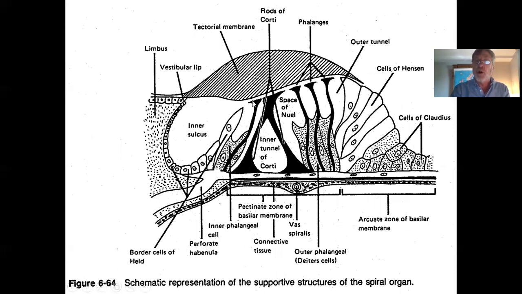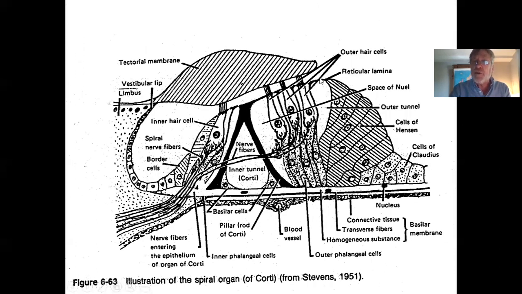And again, these little golf tees emphasize, okay, the fact that the fluid here is kept separate from the fluid that bathes the stereocilia. So the fluid that touches the hairs is endolymph. The fluid that touches the walls of the cell bodies is cortilymph, which is perilymph inside the scala media.